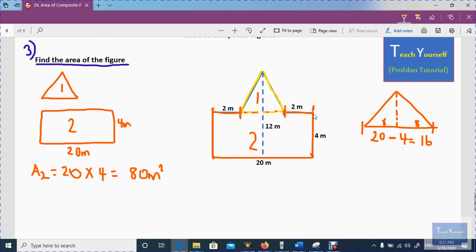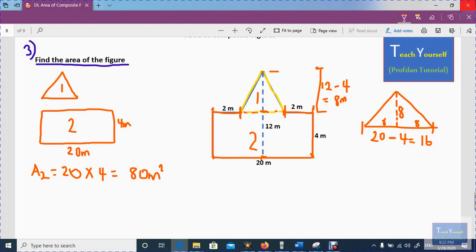In the rectangular part we know this part from here to here as 4 meters. So the remaining part of the triangle is the 12, which is the total from this point to this point, minus the 4 that I know. So the height of the triangle is 8 meters.